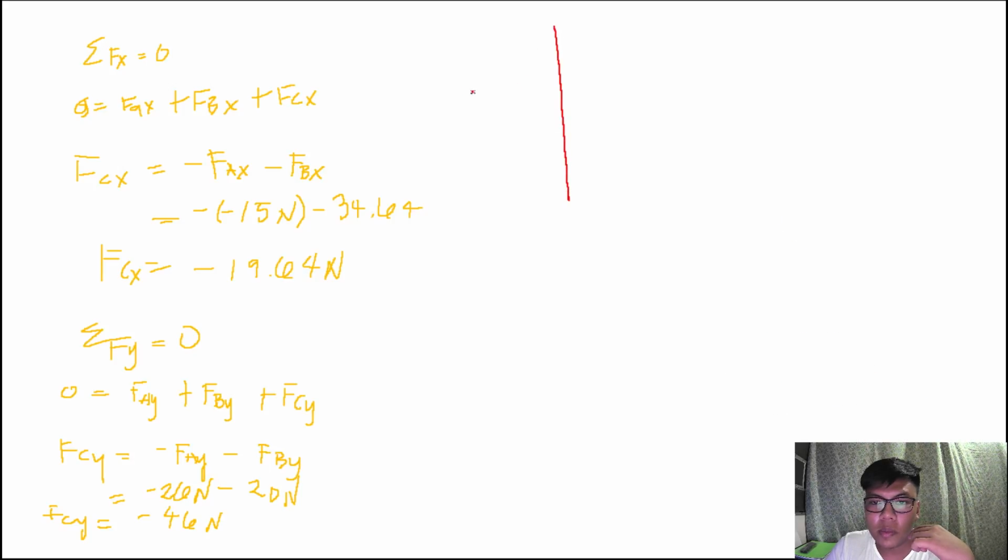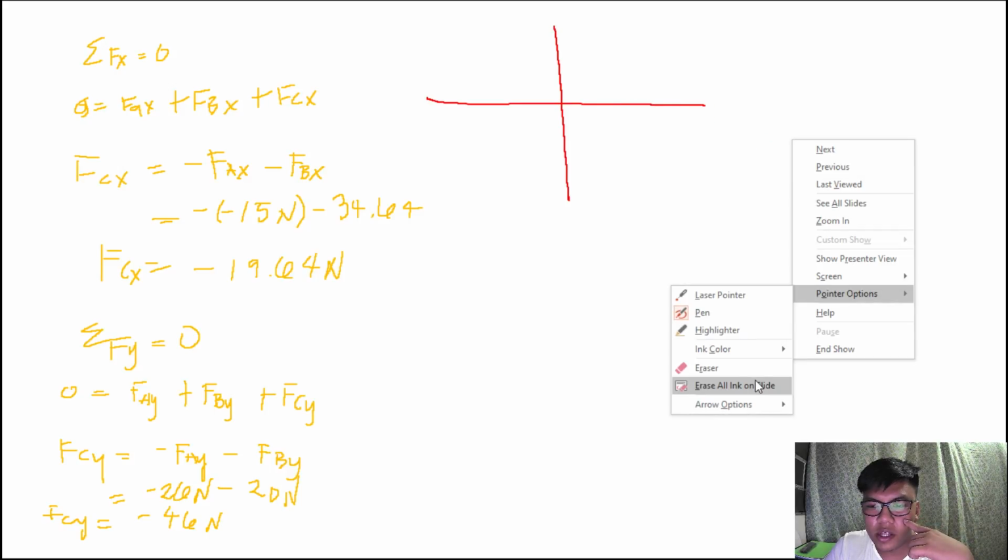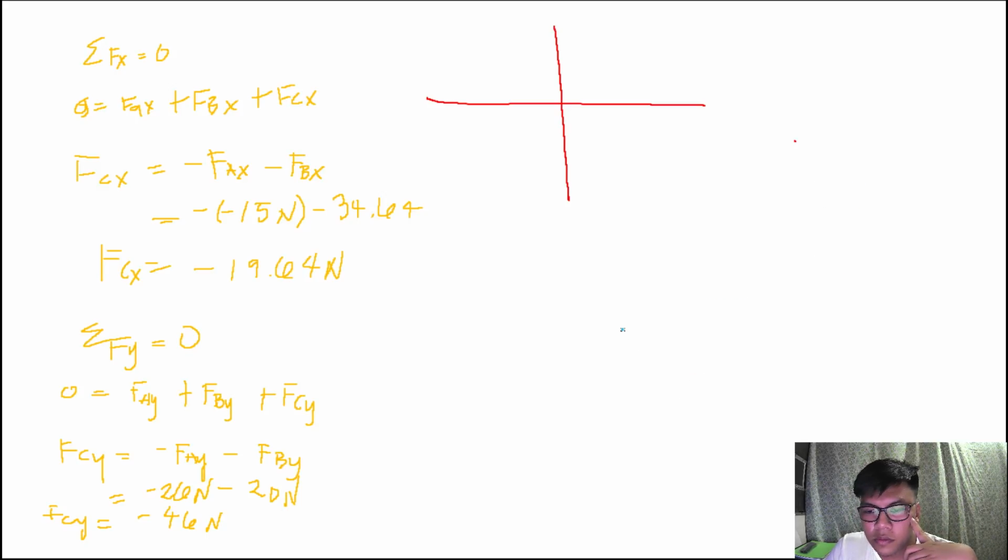So ito ngayon yung diagram natin. Okay. Nasaan ba dyan yung negative side? Negative X and Y. So we have a negative X component here, F sub CX. Diba? Then we have negative F sub CY.